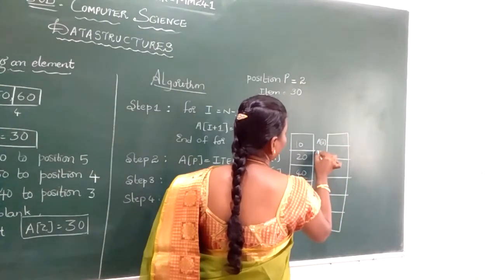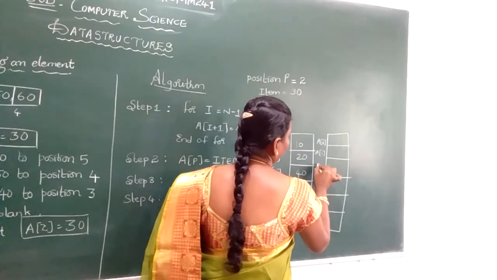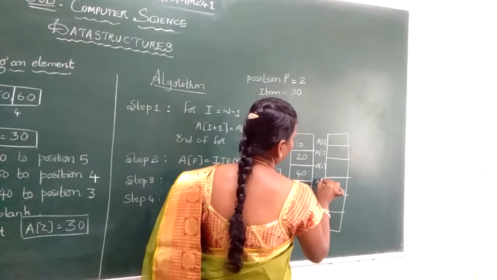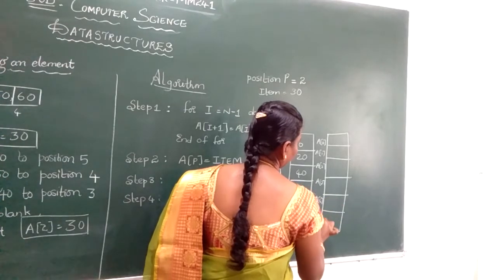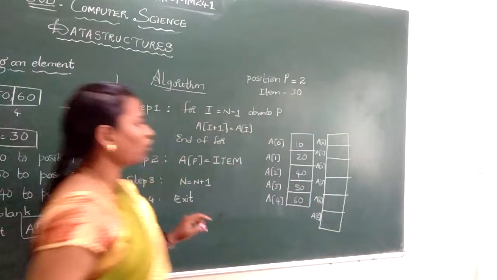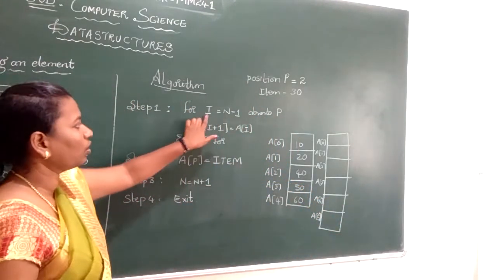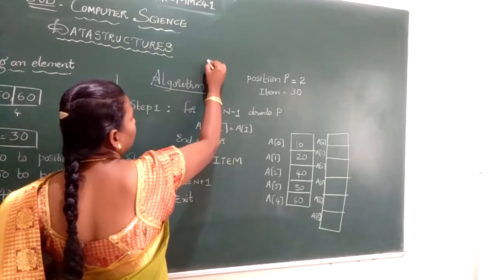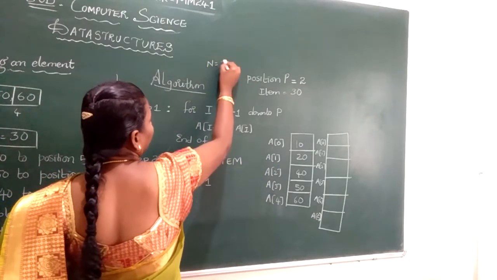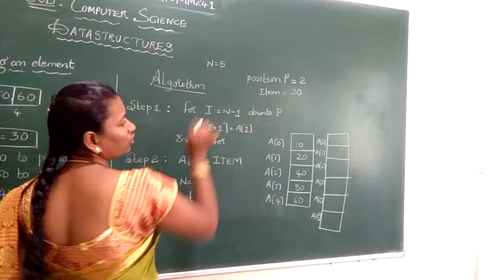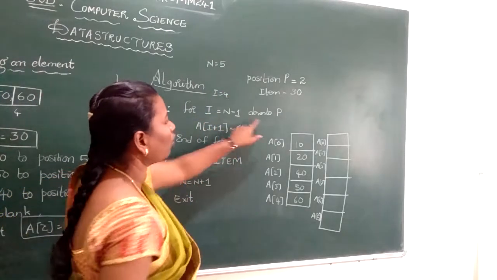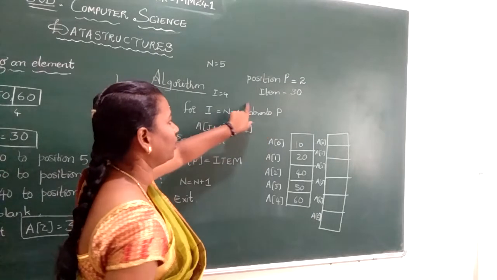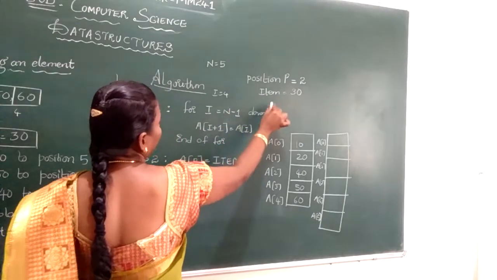A of 0, A of 1, A of 2, A of 3, A of 4, A of 5. According to your algorithm, n is 5, so 5 minus 1 is 4. What is my I value? I value is 4, down to P. Till the position we will be tracing. Your position is 2 here.